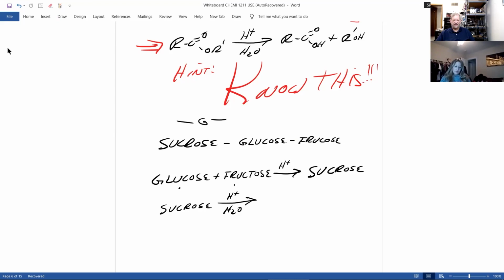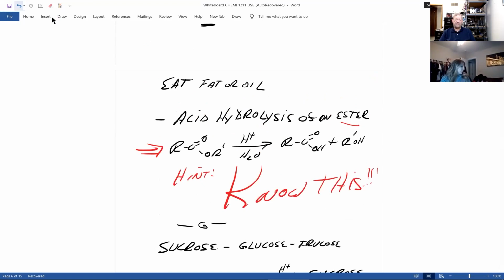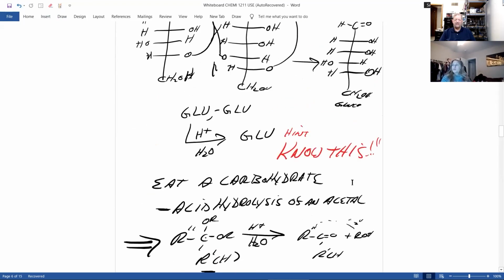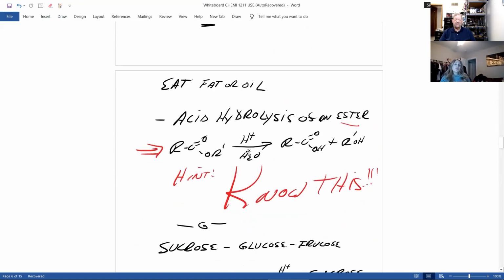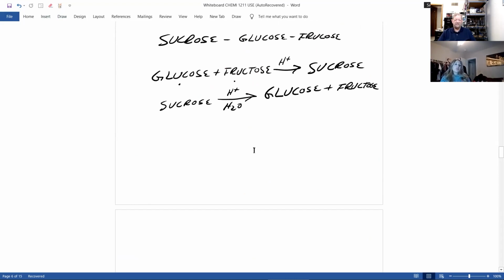And the answer is glucose and fructose. And if you come back up here, remember when you take a starch and react it, I'll write it down again here.